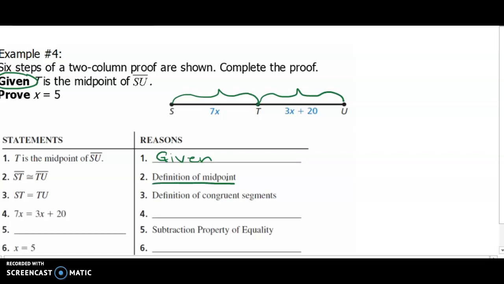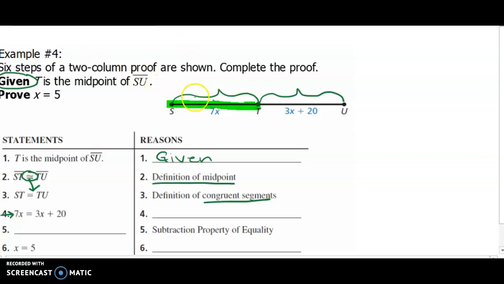The two parts are equal. Okay, well, it tells us that they're congruent. But if they're congruent, that means they're equal, because that's what congruent means. All right, now how do I go from ST equals TU to 7x equals 3x plus 20? Okay, well, ST is this segment here.